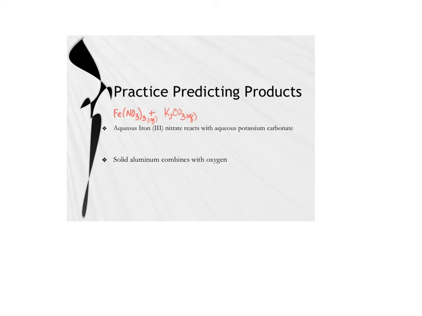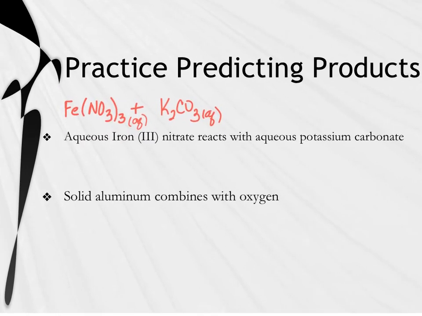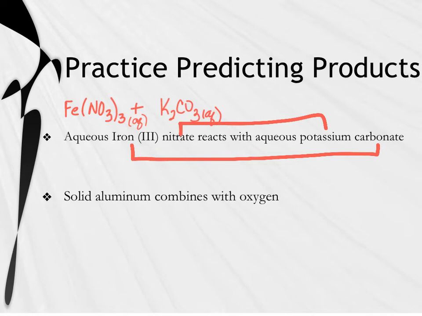So remember, double replacement, we're going to FOIL. So the iron 3 is going to go with the carbonate, and the potassium is going to go with the nitrate.